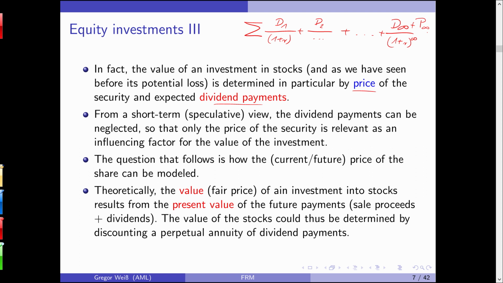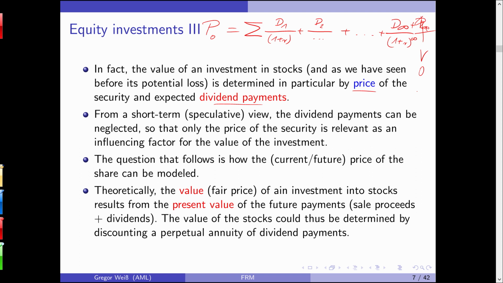Now, a simple observation should be made here. If you look at this valuation formula, you will see that if you take the terminal price of the stock at infinity, you are discounting it over an infinite number of periods, and thus this should become zero.